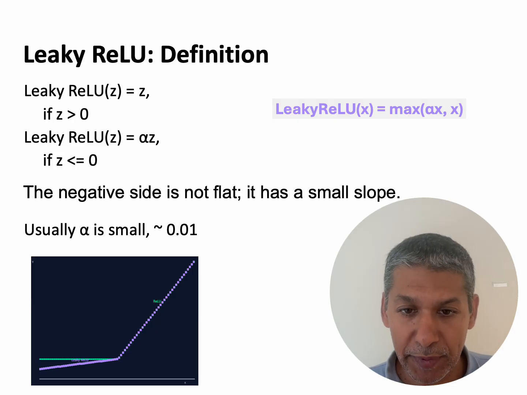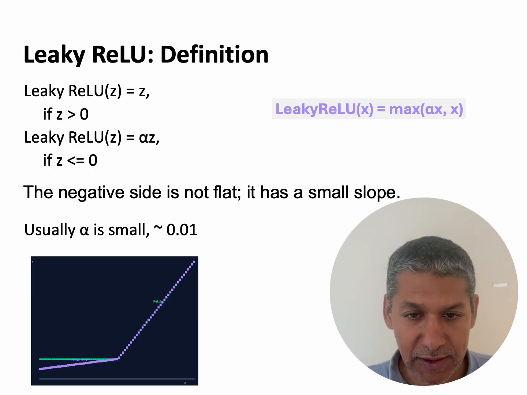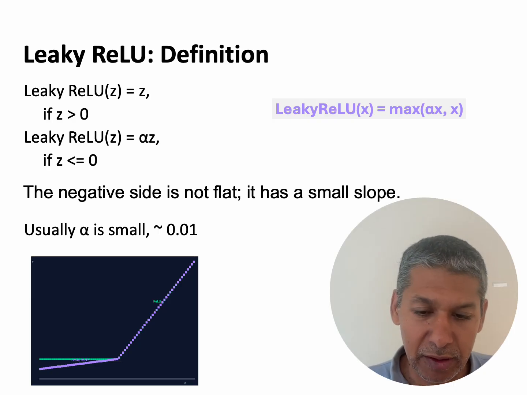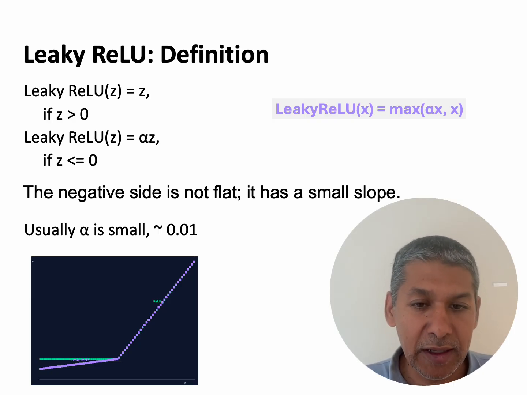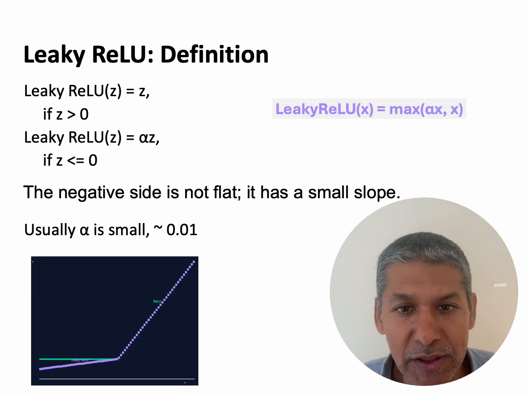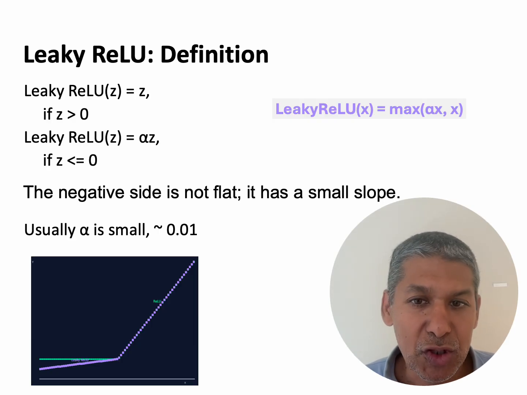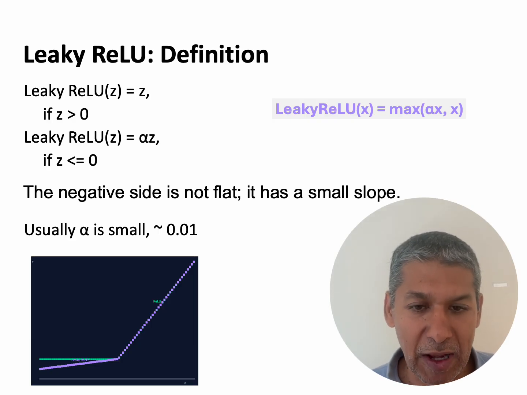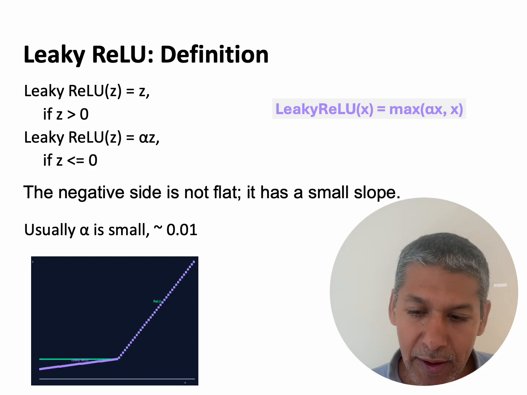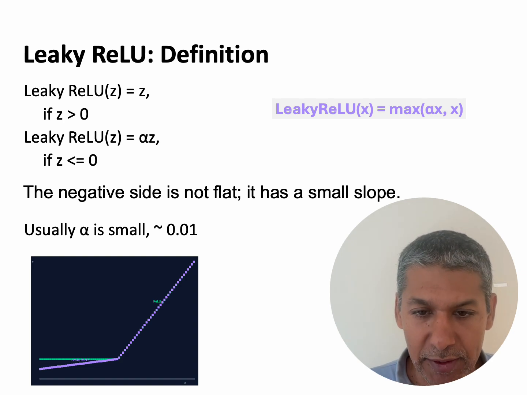So again, borrowing from the electrical engineering concept, we could have a rectification. It's a rectified linear unit, except it does leak a slightly negative current back. So leaky ReLU is written as the maximum of alpha x comma x. If alpha is a very small value, let's suppose 0.01, then if x is greater than 0, leaky ReLU is just equal to x.